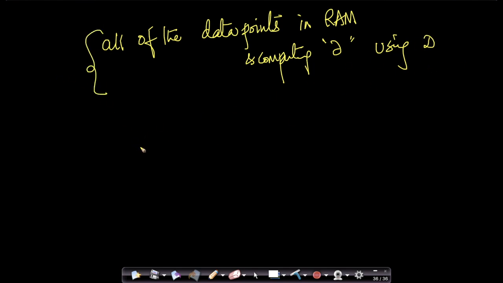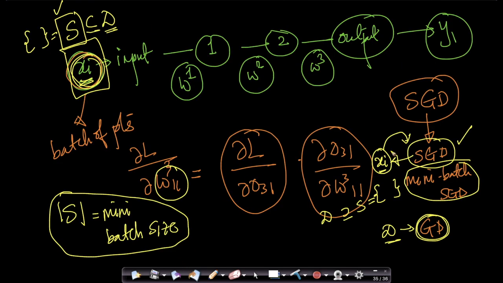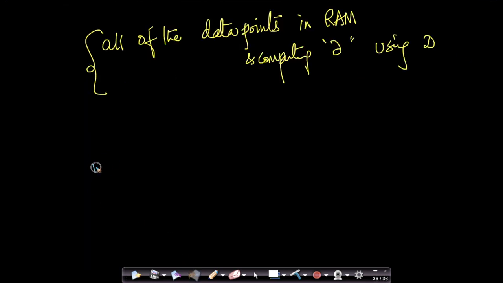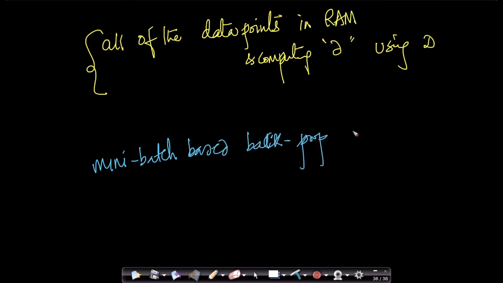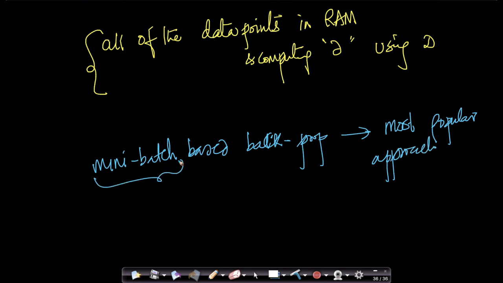So people typically do simple back propagation where they take one point at a time, or sometimes people do a mini batch SGD. Mini batch based back propagation is the most popular approach, wherein you send a subset of points.